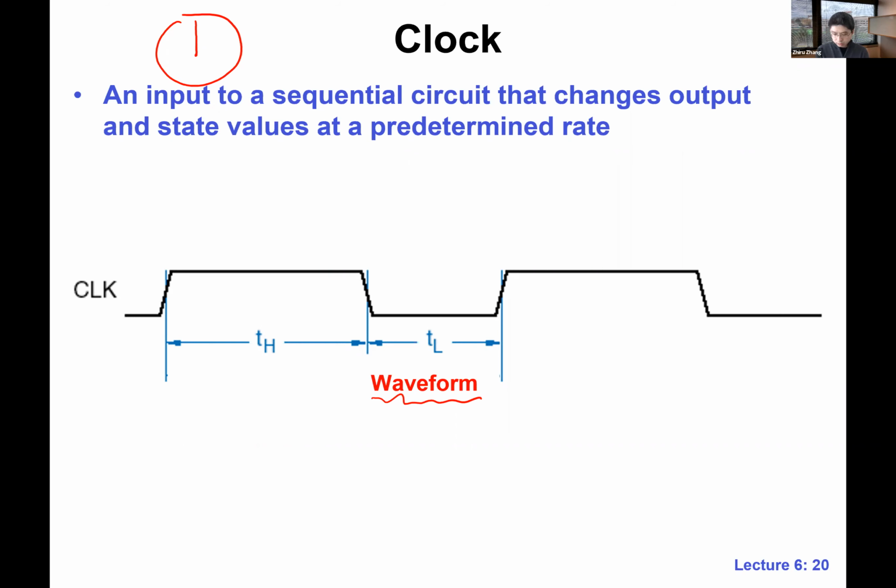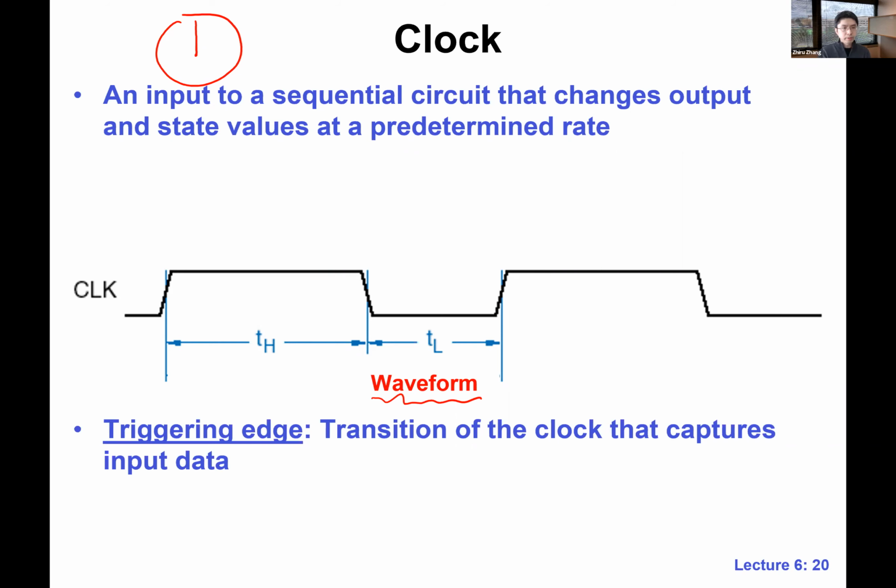If this makes sense, let's talk about some important concepts. We have something called the triggering edge. This is basically a clock transition that captures input data. What captures things? This is really related to flip-flops, which we're going to introduce. Usually there are two kinds of triggering edge. One is called a rising edge or positive edge.